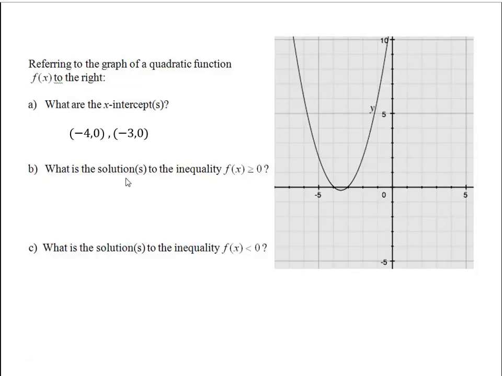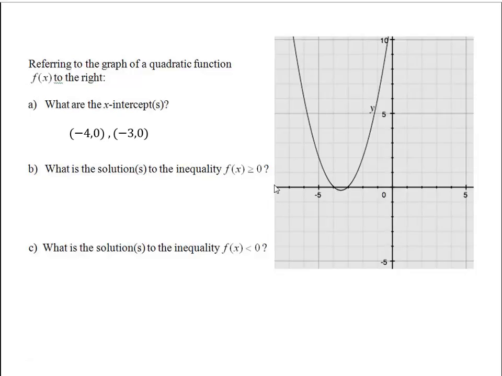And then letter B says, what's the solution to the inequality where f is greater than 0? Again, that's where the y is above the x-axis. To the right of this x-intercept, the graph will be positive, or greater than 0. To the left of this x-intercept, the graph will be positive. We just want to make sure we always list these chronologically, always going from left to right.